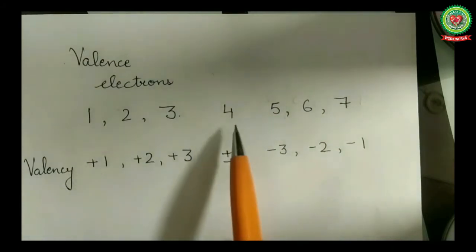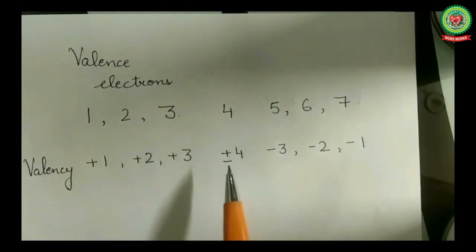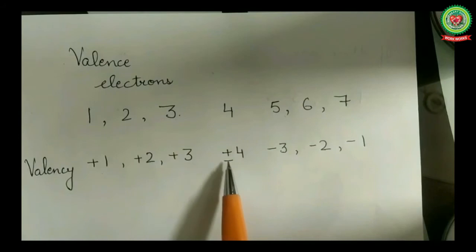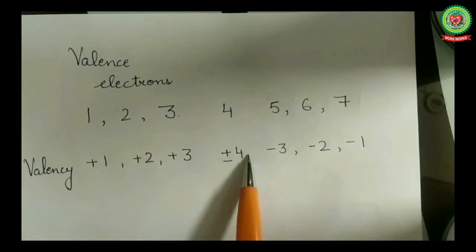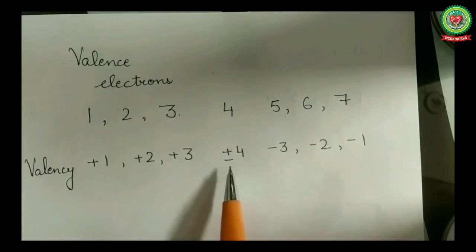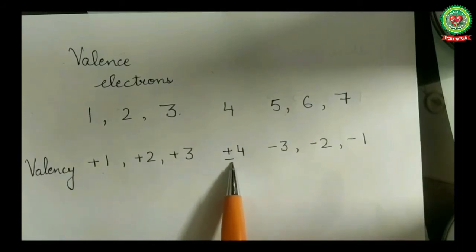If there are 4 valence electrons, then its valency becomes ±4. That is, an atom can lose 4 electrons or can gain 4 electrons. If it is gaining electrons, then it will acquire a negative charge.